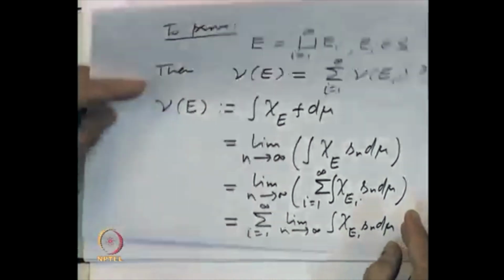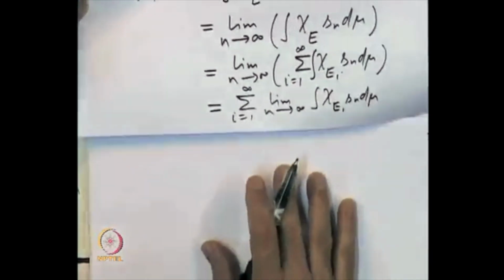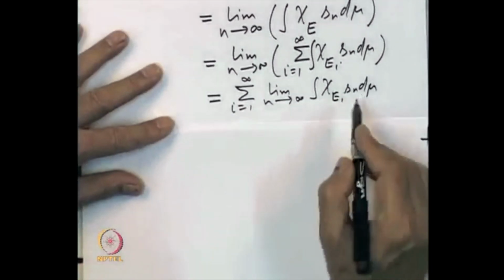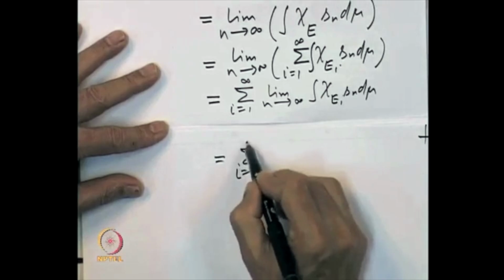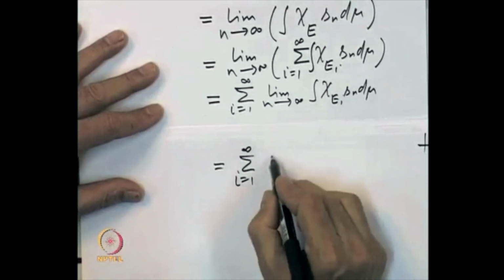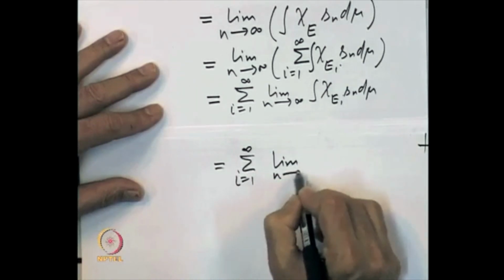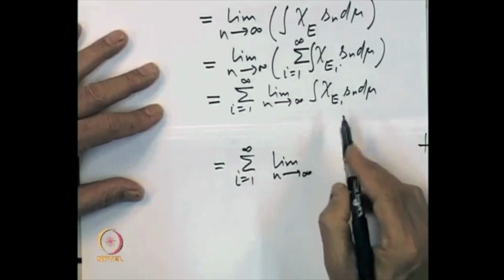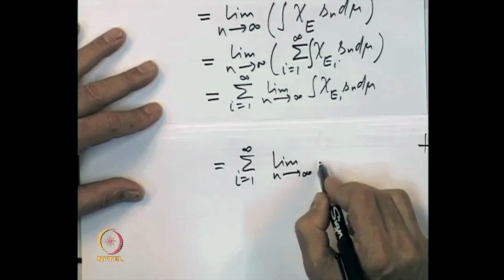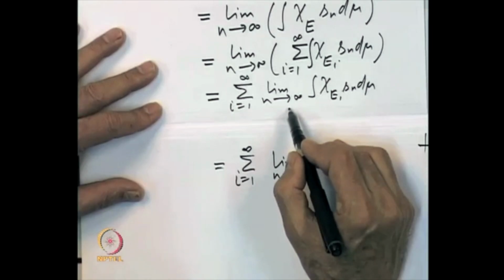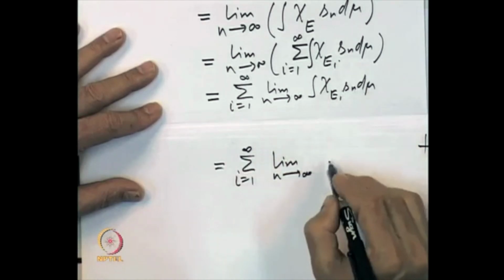And now we simply observe that this last quantity is the summation i equal to 1 to infinity of the limit n going to infinity of the integral of chi Ei Sn d mu.